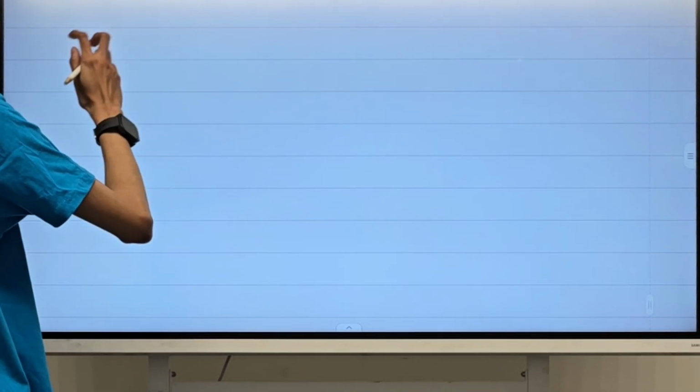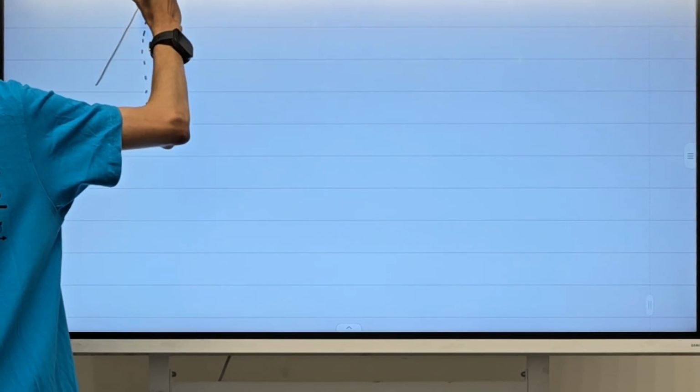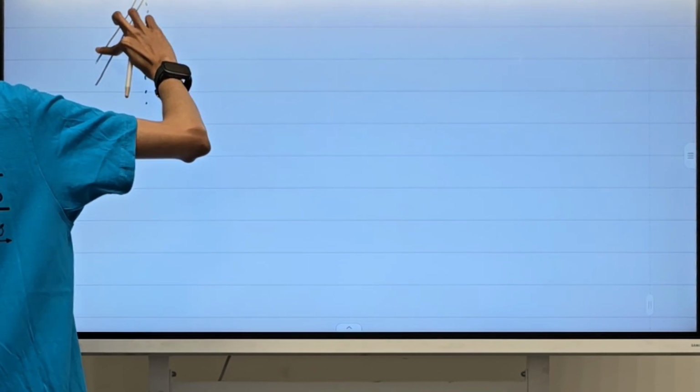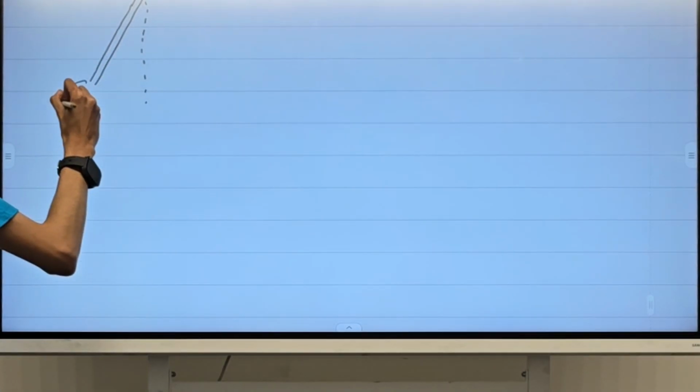We have our ceiling, we have our baseline, there we go. And then we're going to have our pendulum swinging to the side, like so. Oops, that is way too not straight. Nope, that's not straight either. There you go, good enough.